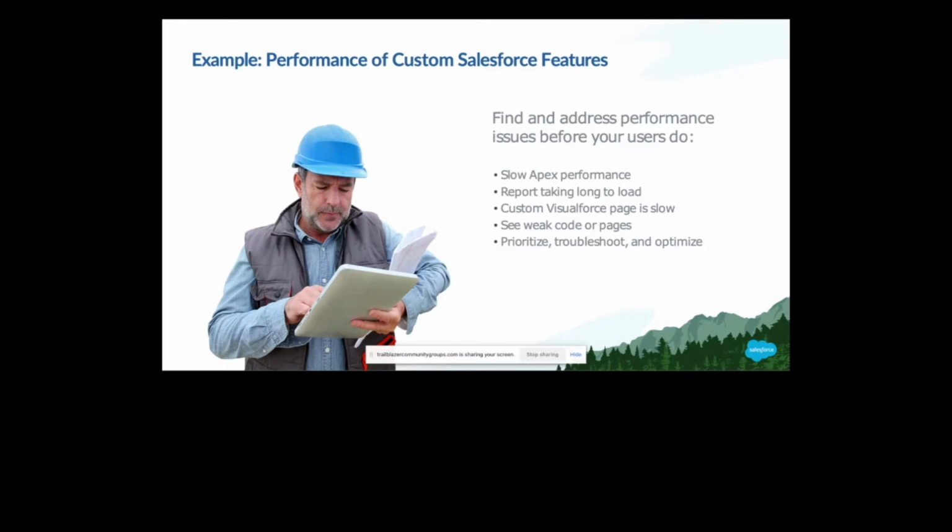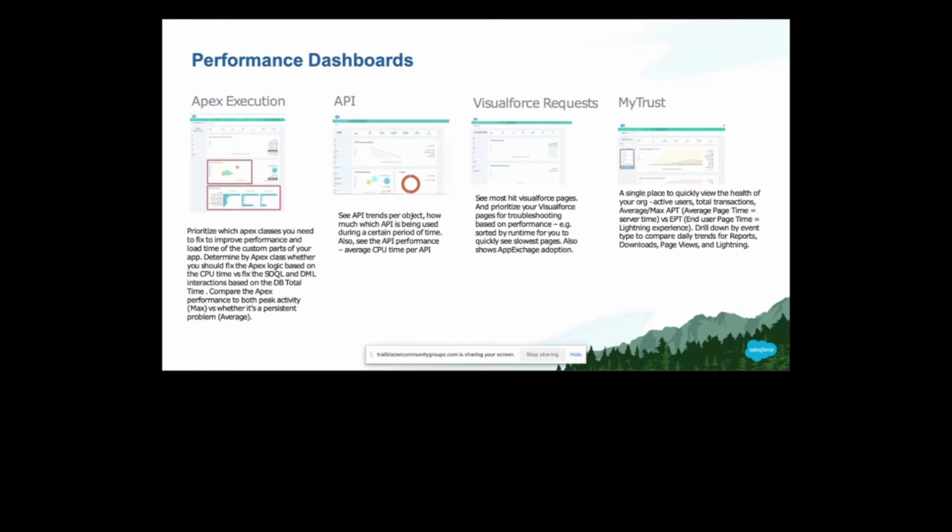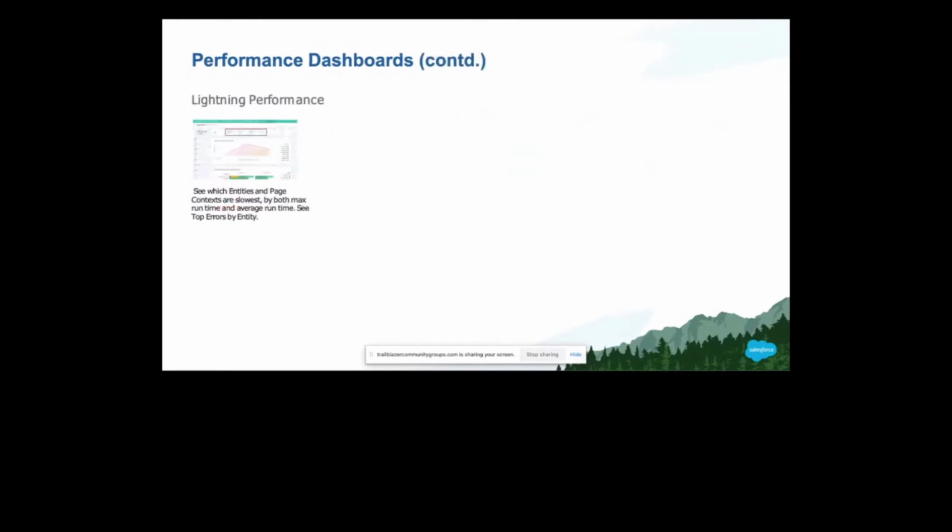So as a developer, or a release manager, or an operations team, to eliminate all these issues, you could leverage some of the dashboards inside your event monitoring, such as the Apex execution dashboard, which gives a complete view of your Apex performance details, including CPU time, your DML interactions, and DB time, everything. Along with it there's an API dashboard, VF dashboard, and Lightning performance dashboards.